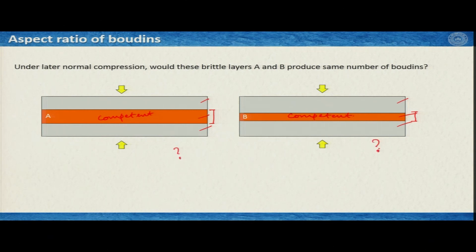You can think of this and you can write me back your answers, but this is a very interesting problem, and we will see with time how we can go ahead with that, and figure out what would be the aspect ratio of the boudins. But before we jump into this topic, let us have a very common understanding of this.